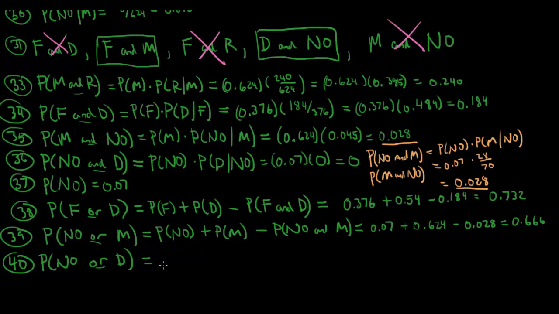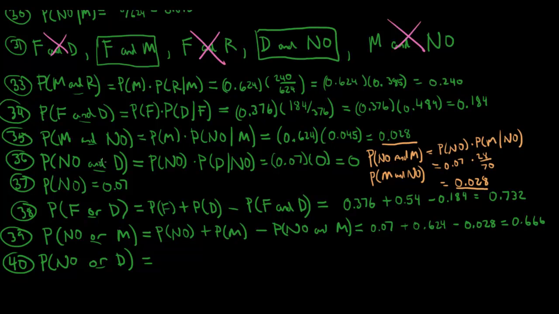Well, remember that if the two events happen to be mutually exclusive, you don't have to worry about this part right here, because if the two events are mutually exclusive, that's going to be 0. No opinion and Democrat are mutually exclusive, which we already showed to be true right here.